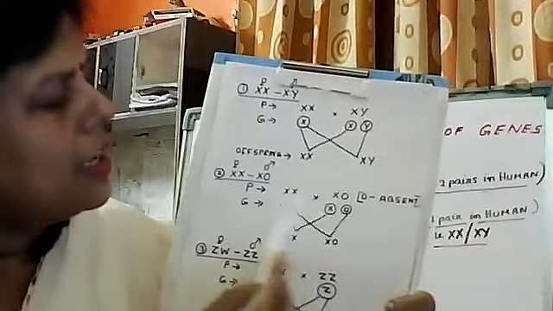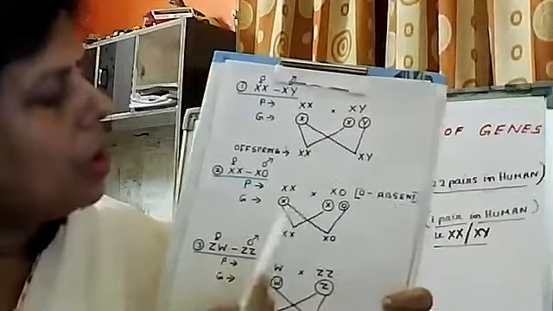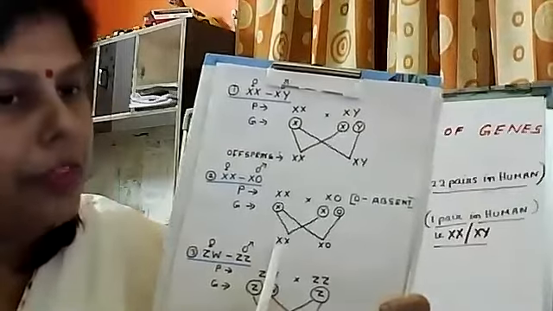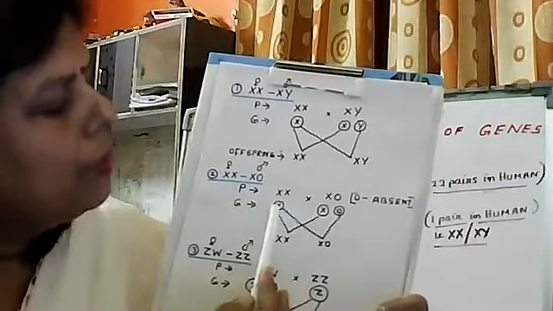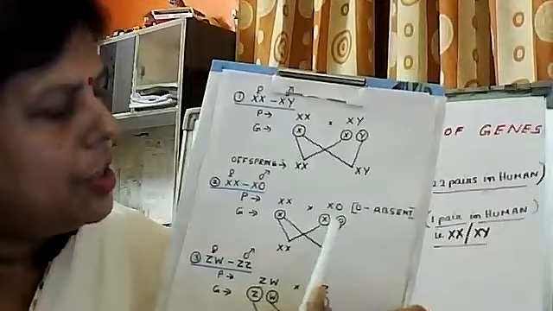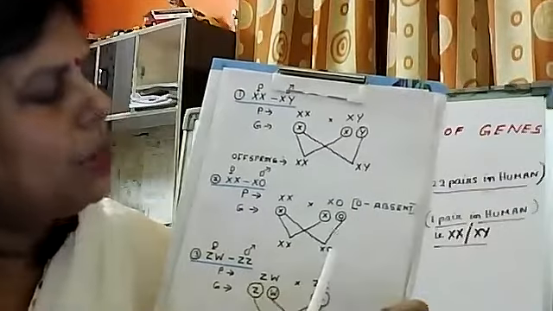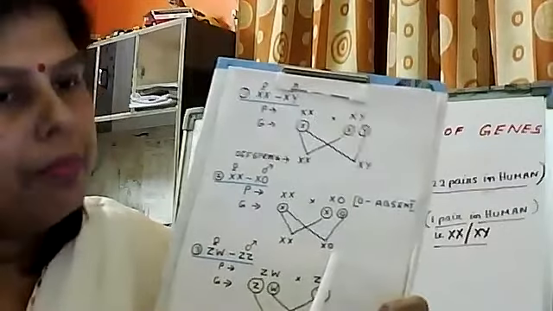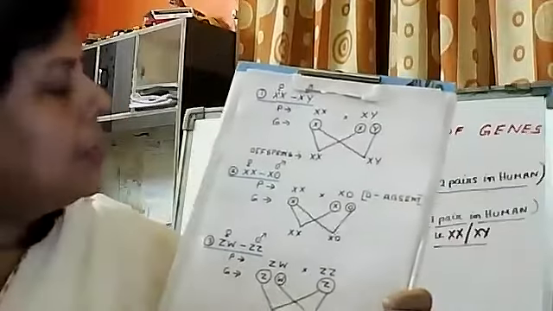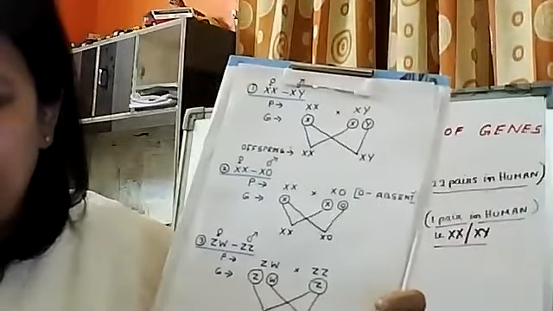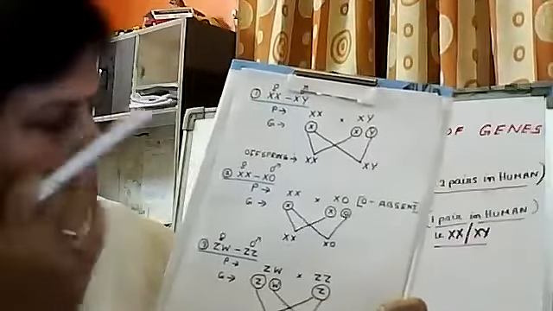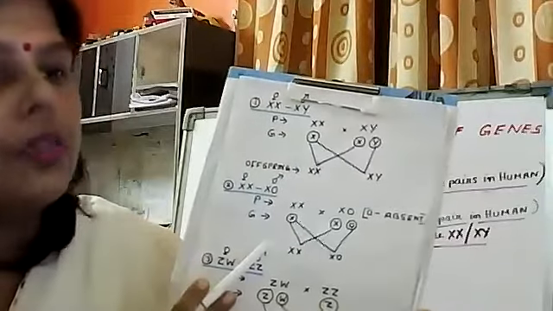So when crossing is done, if two X meet, it will always give rise to a female. And if X meets where one of them is absent, denoted by O, then it will always give rise to a male. So this is another type of sex determination. It is found in grasshoppers and in some insects.